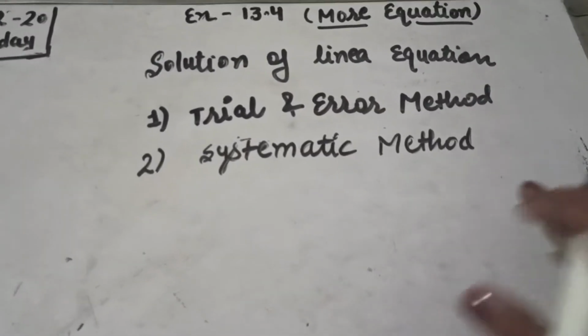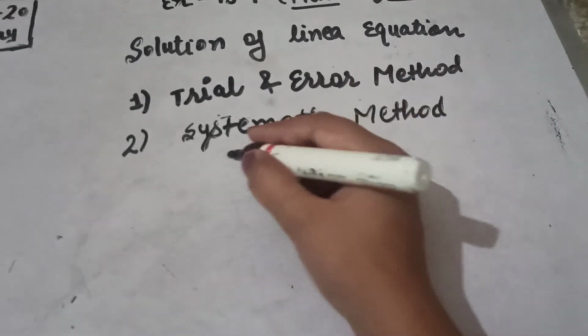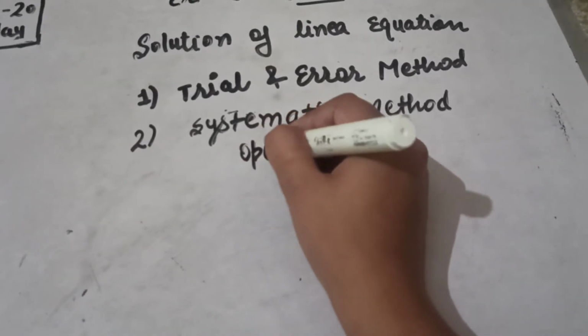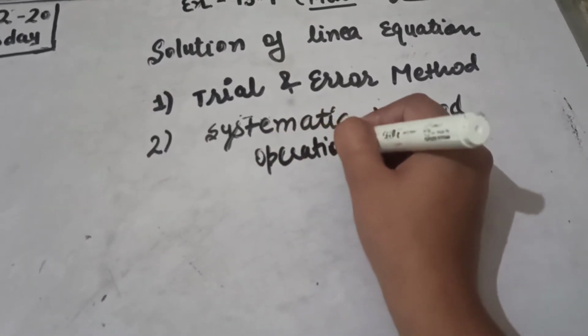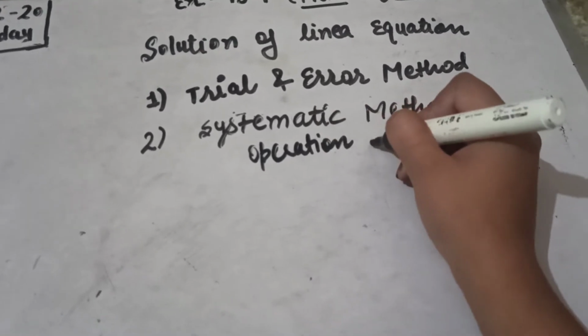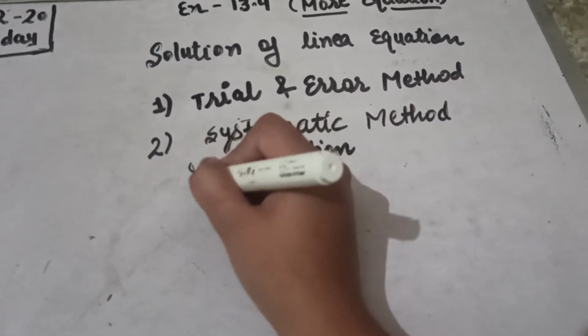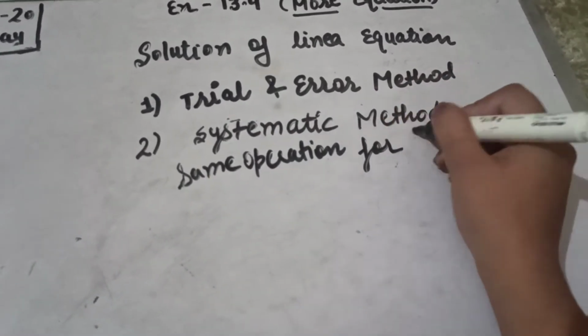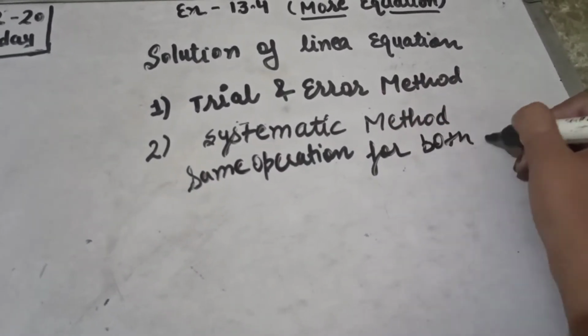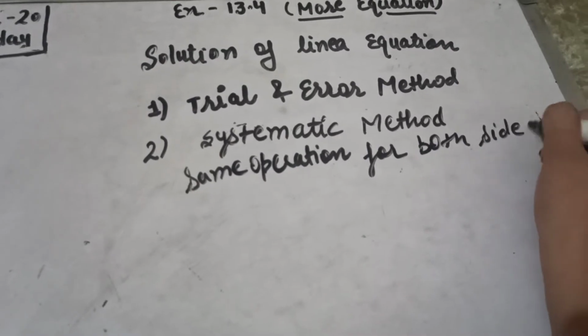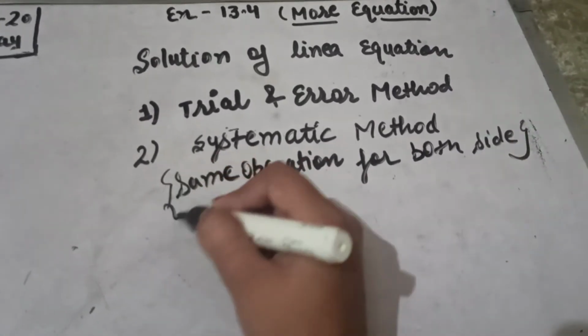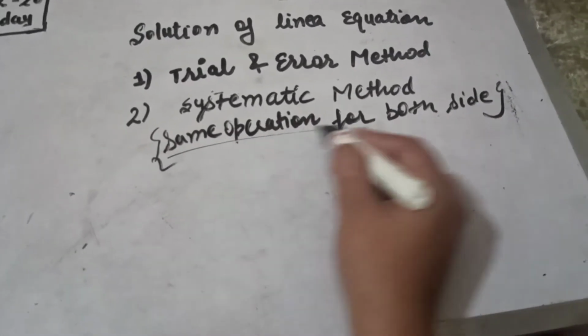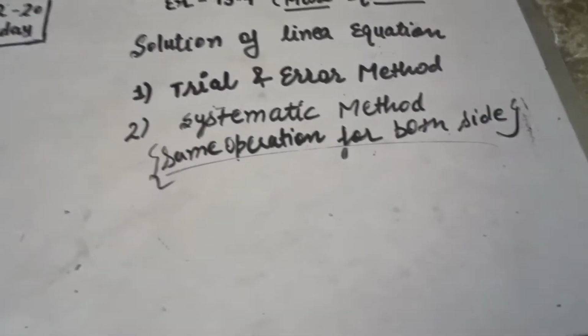The system you have to follow in this method is: which operation you follow, the operation must be the same for both sides. Means the operations you are applying on the left hand side, the same you have to apply on the right hand side also.